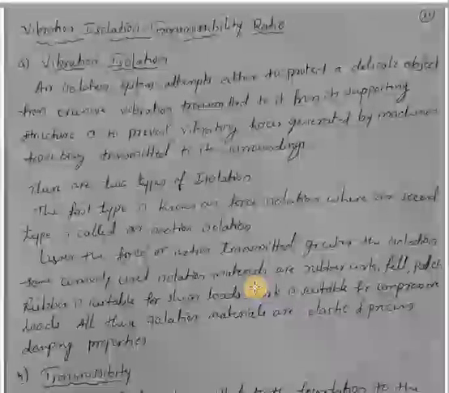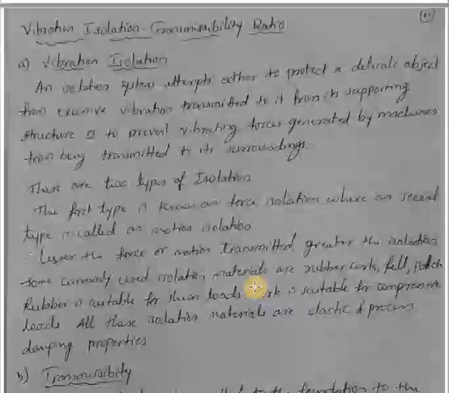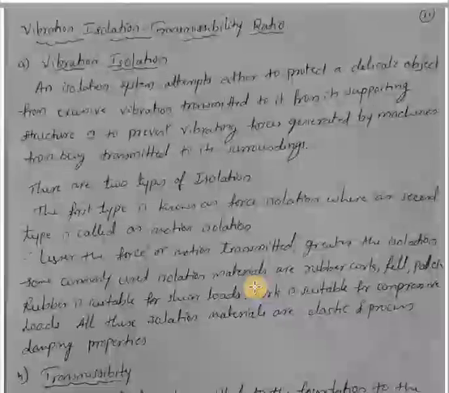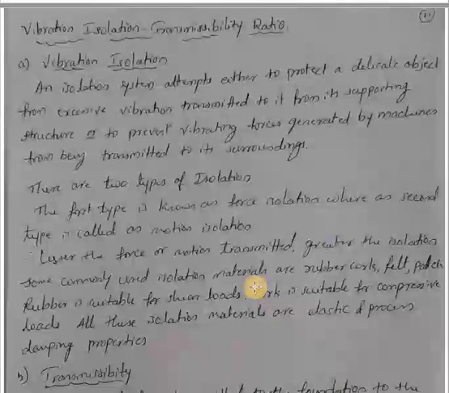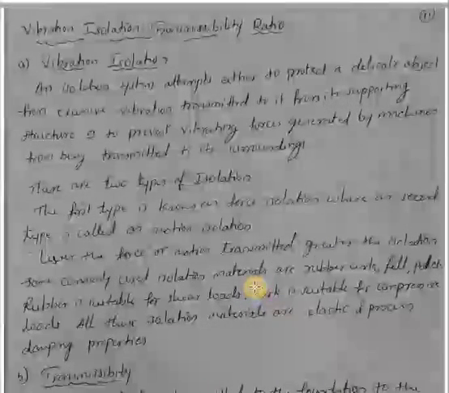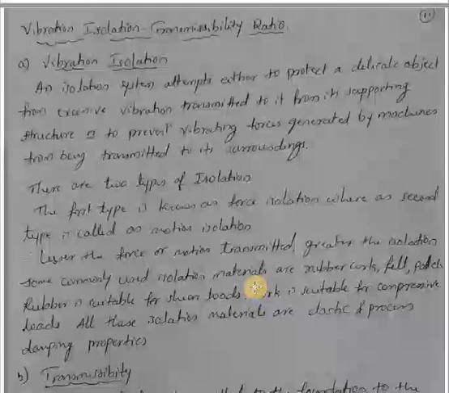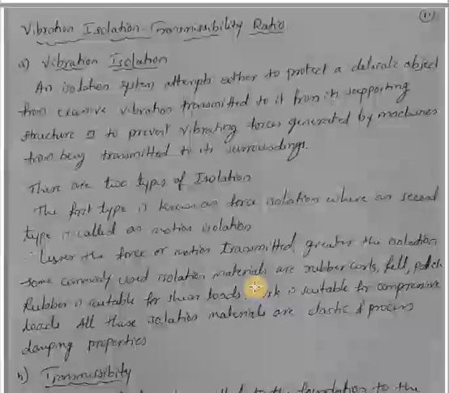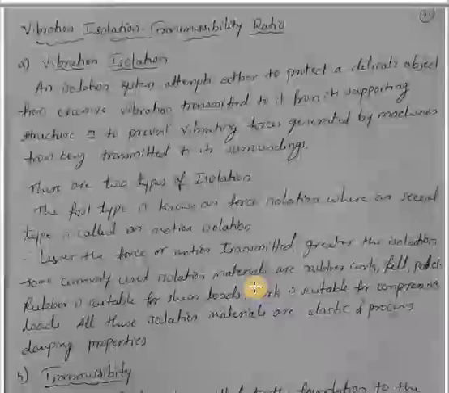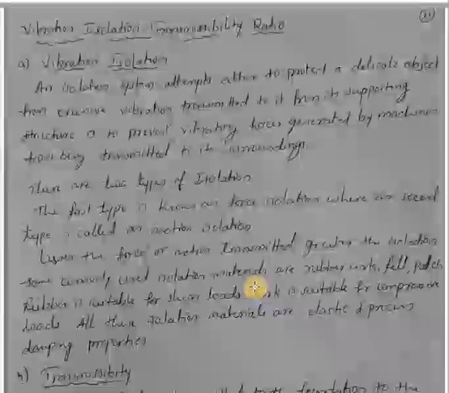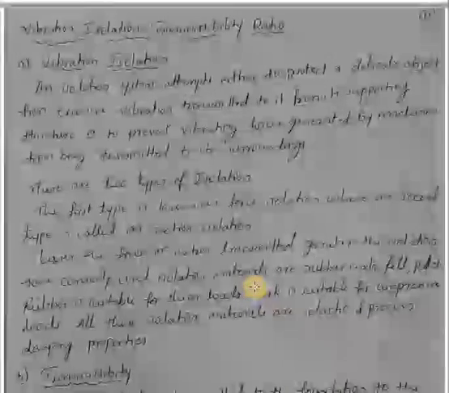An isolation system attempts either to protect a delicate object from the excessive vibration transmitted to it from its supporting structure, or to prevent the vibrating forces generated by the machines from being transmitted to its surroundings.